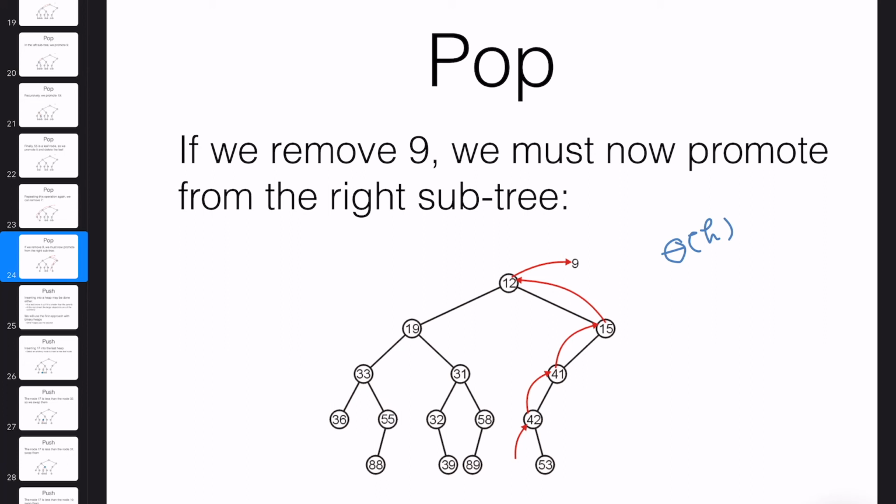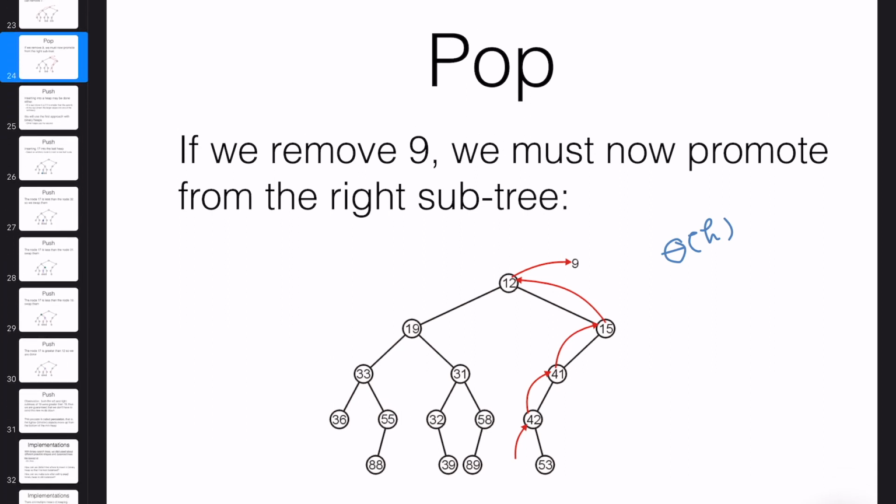This is exactly going to be the height of the tree, right? So the time complexity of pop is going to be height. The time complexity of top was constant, and I'm not going to go back to that. So now you see that both pop and push would depend on the height of your binary heap.